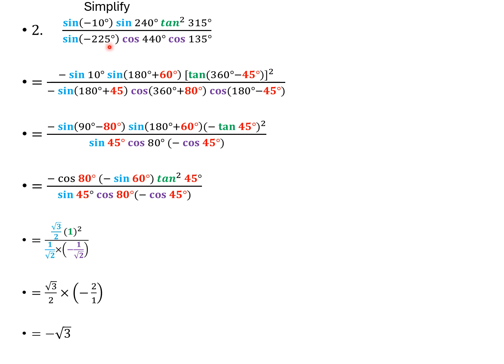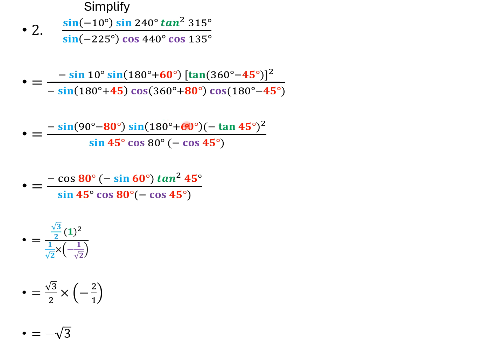Negative 225, I take the negative angle as being in the fourth quadrant, and I'm left with 180 plus 45. Right? Cos 440 is the same as 360 plus 80. Cos 135 would give me cos 180 minus 45. So therefore sine 10 degrees, I can say sine of 90 minus 80, which falls in the first quadrant, but sine becomes cos, so that would give me negative cos 80.